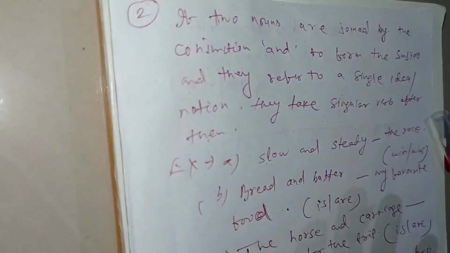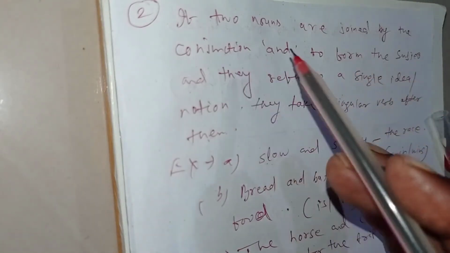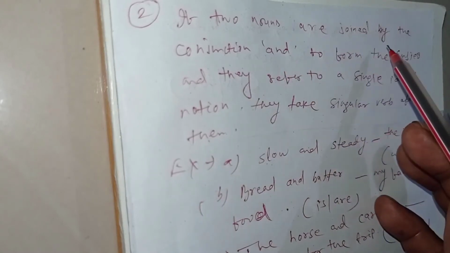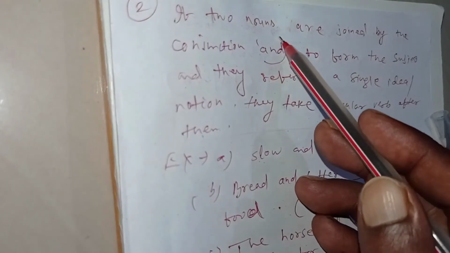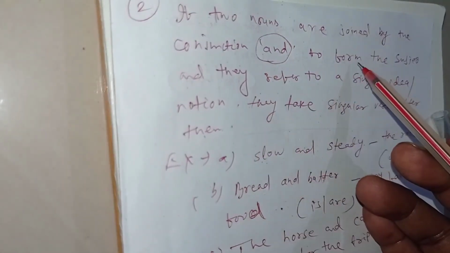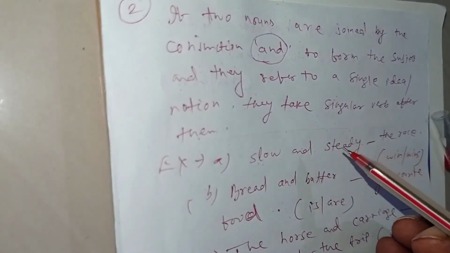Other things are also there, how to use a proper verb with the proper subject. Suppose two nouns are joined by the conjunction and, remember, first word, and to form the subject, and they refer to a single idea or notion.